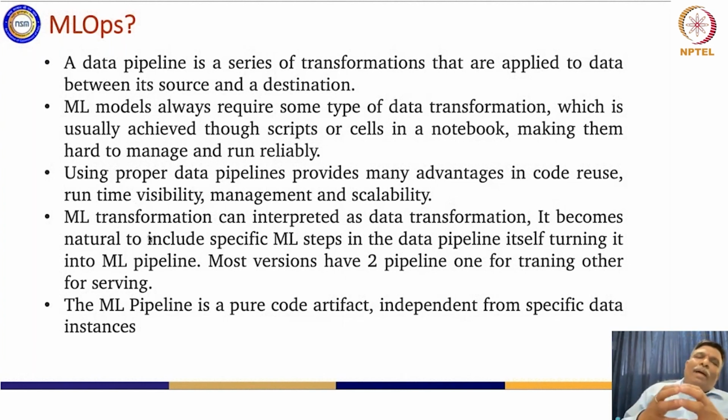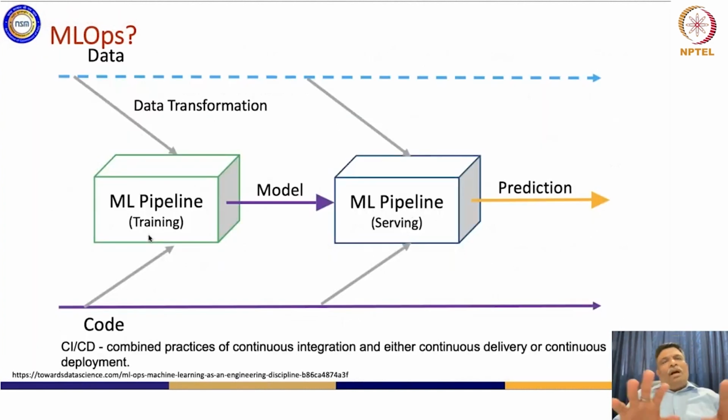So the ML pipeline is a pure code artifact independent from specific data instances. The ML pipeline does not interfere with the data pipeline, whereas the data pipeline is totally separate from the ML pipeline. And then you assume that you have two types of pipeline, right? One is for training and another one is serving. So this is how it is. You take the data, you transform it appropriately, right?